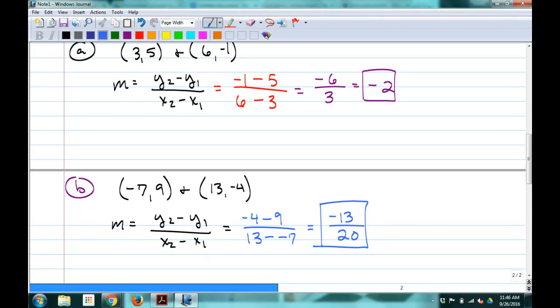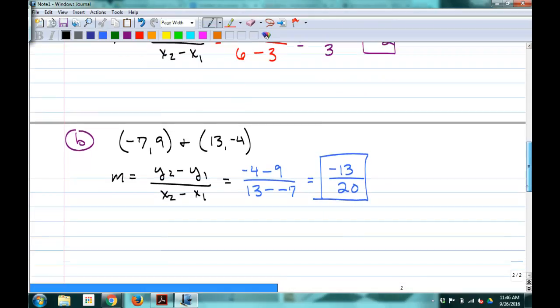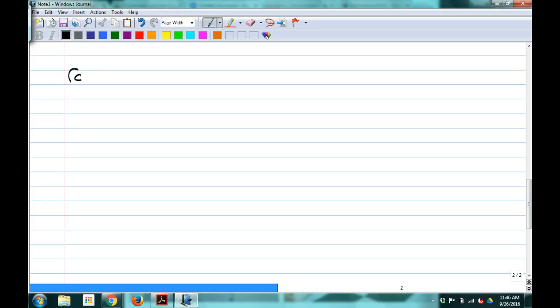Questions about it, A or B? Let's do this one. Here's our two ordered pairs, 6, -1, and 4, 5. Let's find the slope.